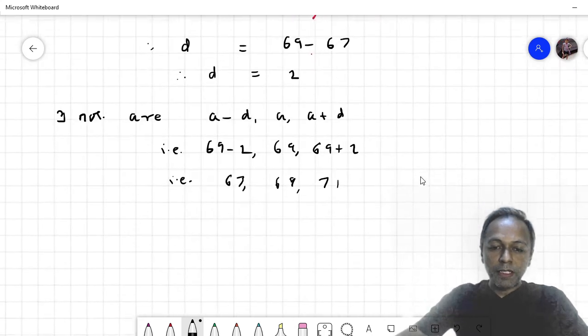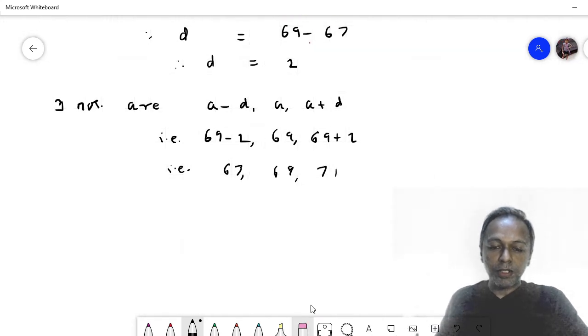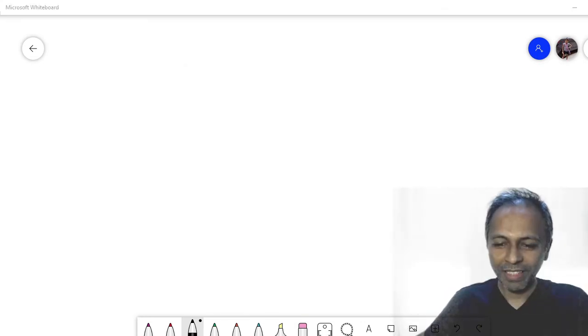This is your answer. So if you would have selected three numbers as A minus D, A and A plus D, it would be more easy and convenient for you. Let us now proceed further.